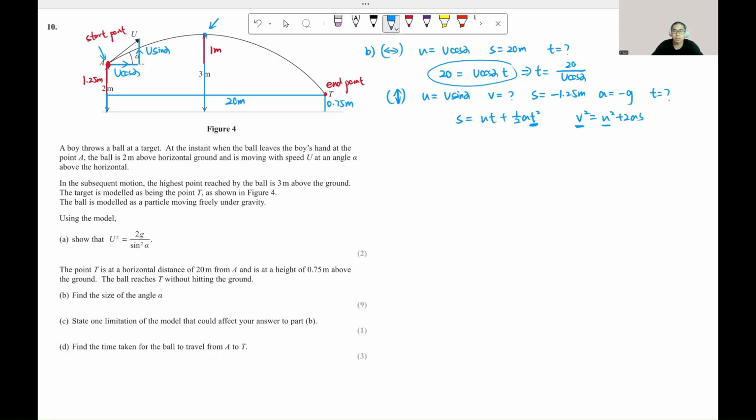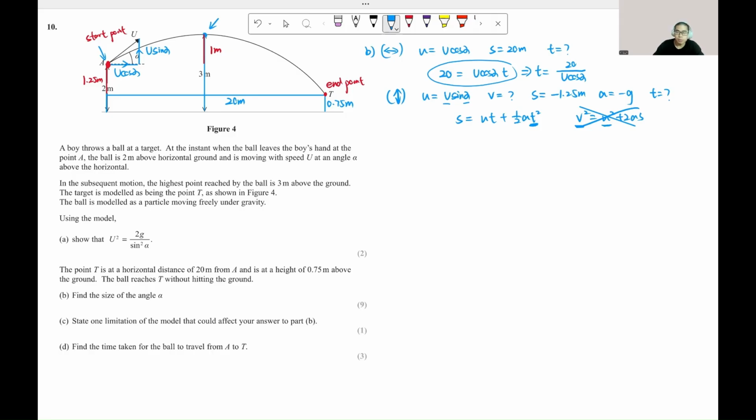So once we substitute in, we only don't know U and alpha. But for this one, we not only don't know U and alpha, we also don't know V. That's why we don't use this equation to set up. So we use S equal to UT plus half AT squared because there are fewer unknowns.